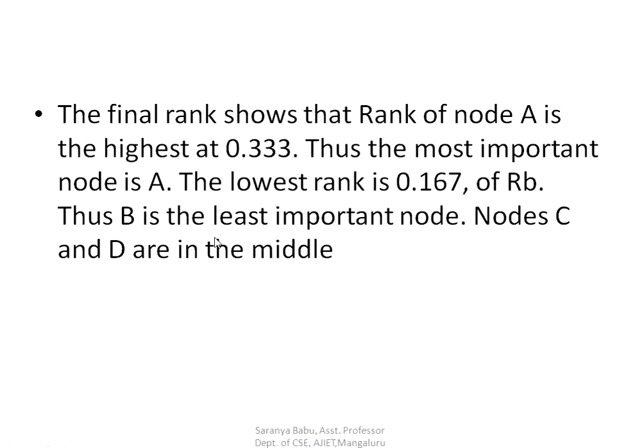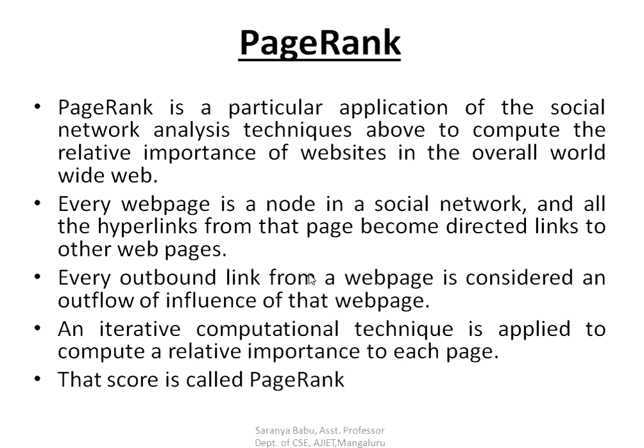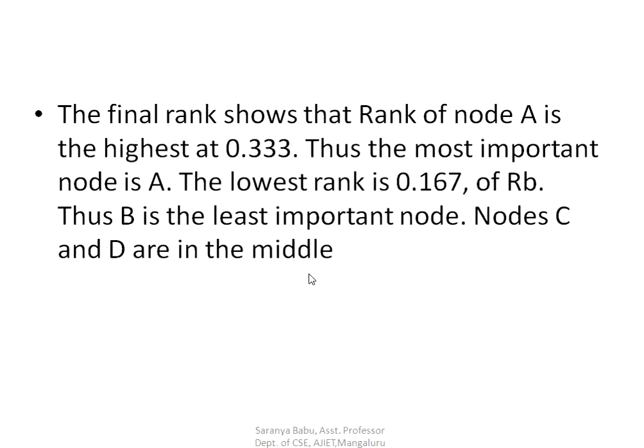Finally, node C and node D are in the middle. That is how you find out the importance of a node. Normally when they ask this problem, it is very easy to solve, and we can find the highest ranked node.